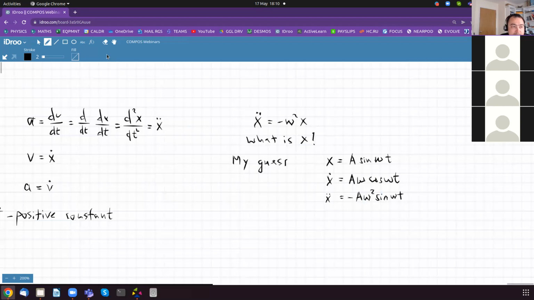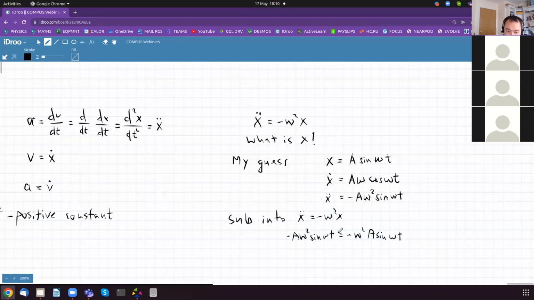And let's substitute into x double dot equals minus omega squared x. And we have minus a omega squared sine omega t equals minus omega squared a sine omega t.